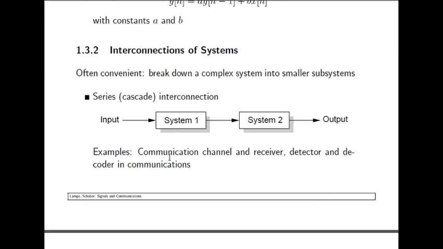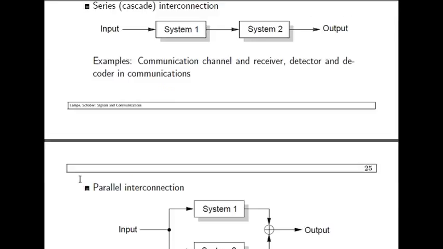Its examples are communication channel and receiver, detector and decoder in communications. In a cascade connection, if system 1 is replaced by system 2 and system 2 is replaced by system 1, then the output will be the same. It is one property of the series cascade connection.